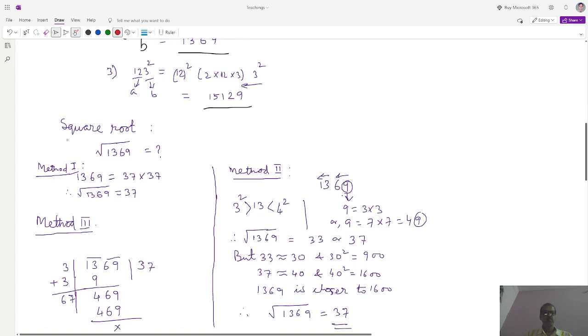Now, how do we find the square root? There are so many methods, and we have to apply them according to our problem and our situation. What method will be applicable? We have to judge first and then apply.